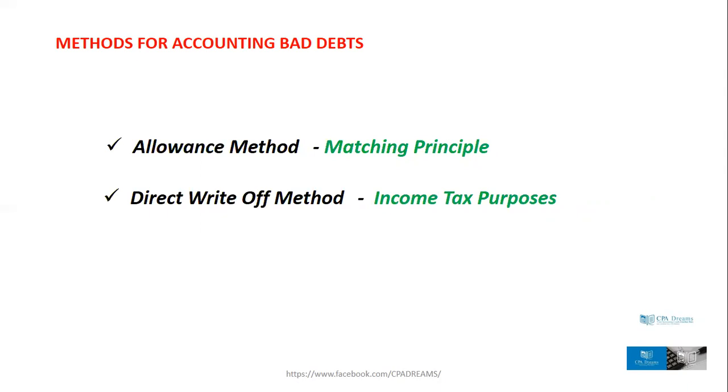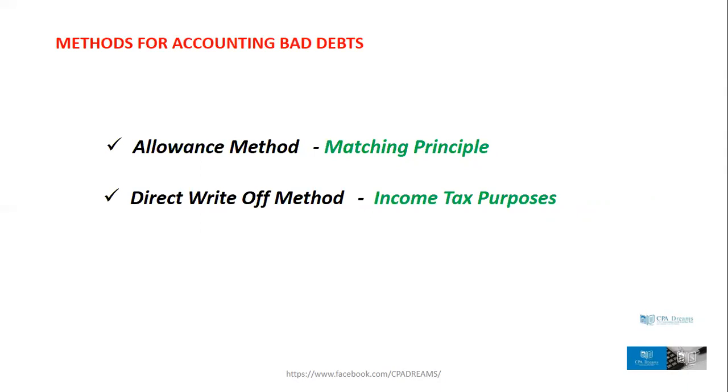What about the direct write-off method? This is for income tax purposes only, or you can use it for Bureau of Internal Revenue filing of tax. But this is not allowed in GAAP. So usually companies mostly use the allowance method.